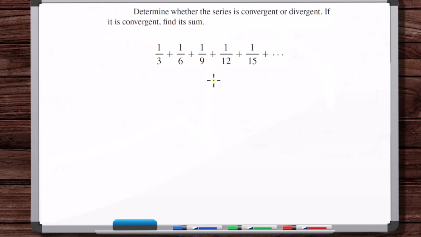It doesn't tell us if this is an infinite series, but the fact that they're asking is it convergent or divergent implies that we're talking about an infinite series. We can see it has a start point. And since we're being asked about convergence or divergence, then we know they're talking about analyzing as the number of terms in this sum goes to infinity.